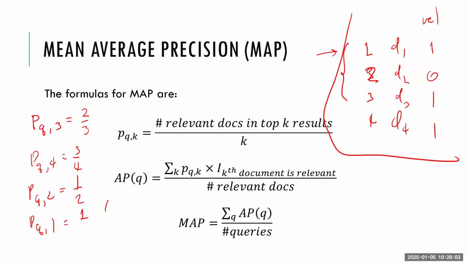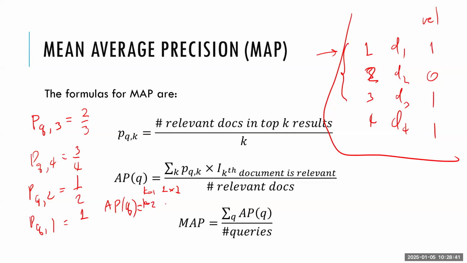Now, what is the AP of this query? The AP of this query is the sum of the indicator variable times the precision at that ranking. So if we look at k equal to 1, is the first document relevant? Yes, so you multiply by 1. What is PQ1? PQ1 is 1.